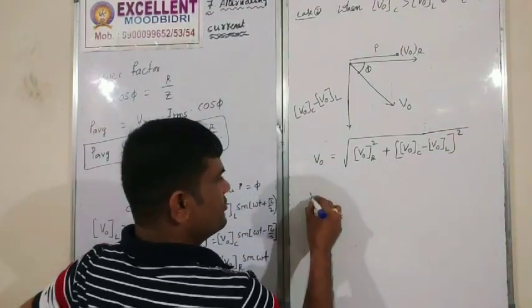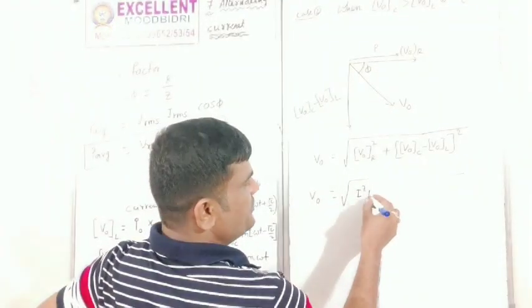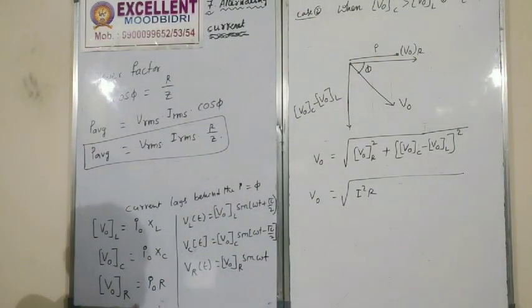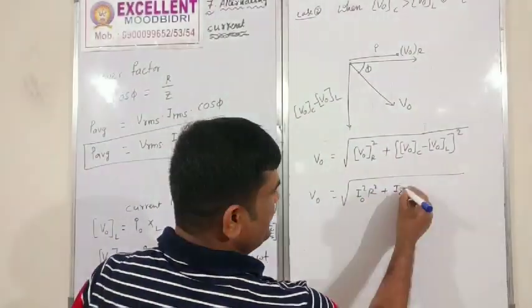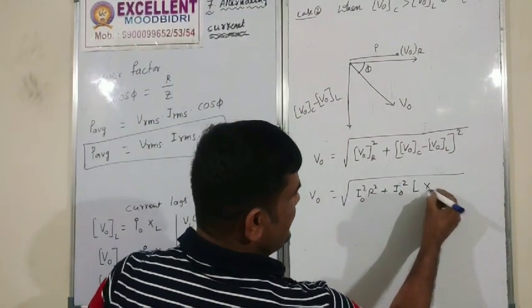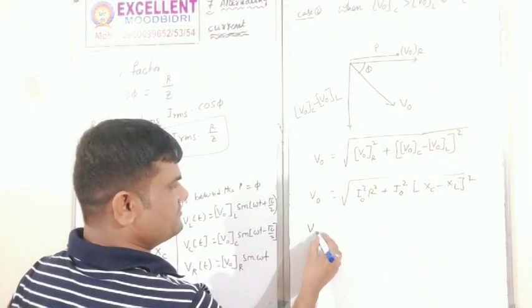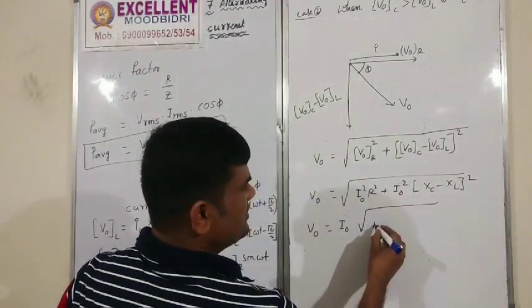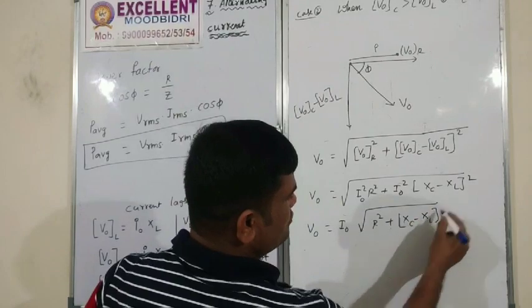Therefore V naught R is I square into R square. Take I naught square common. So what is that? XC minus XL whole square. So take common: root over R square plus XC minus XL whole square.